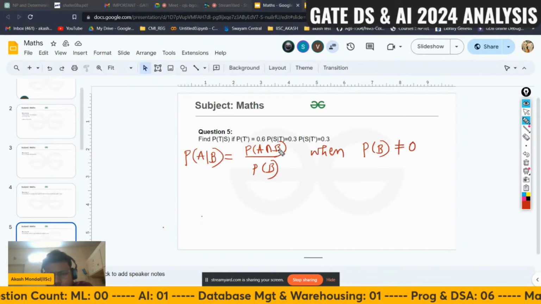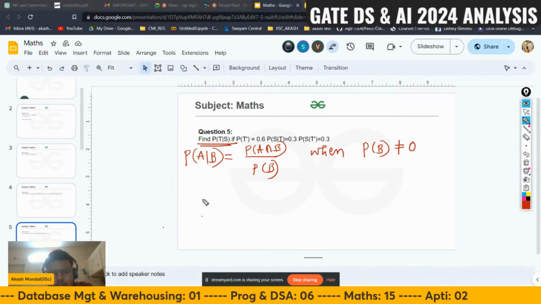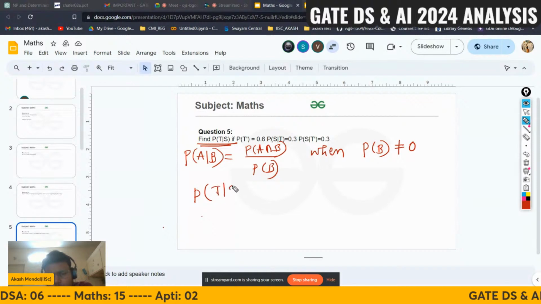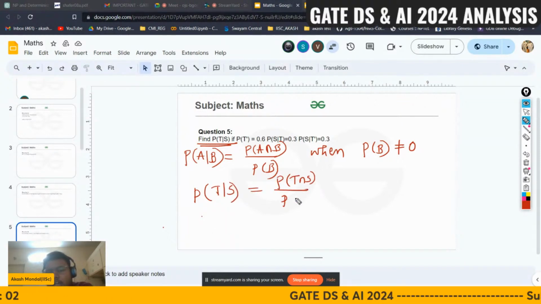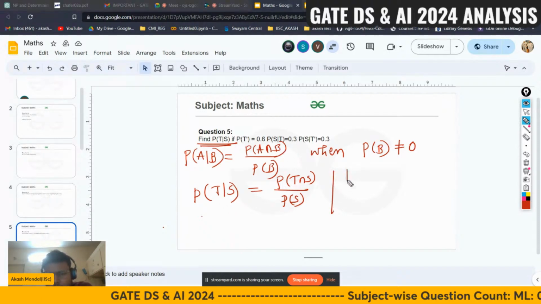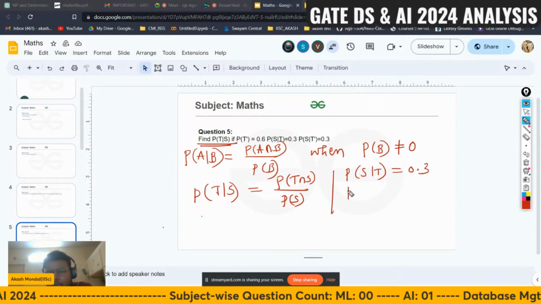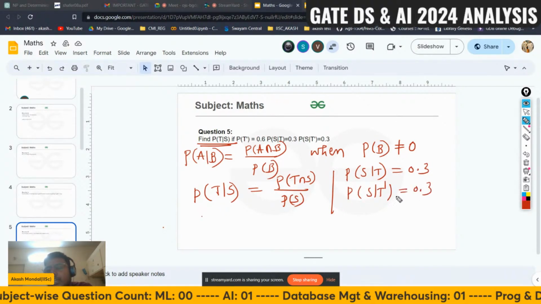They are asking to compute P of T given S, right? Now all this data is given. How do you compute it? See, you need to compute P of T given S, which is the probability of T intersection S divided by the probability of S. Now again, it is given that the probability of S given T is 0.3 and the probability of S given T complement is 0.3 again.